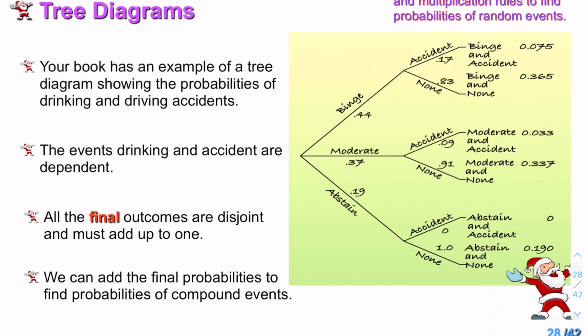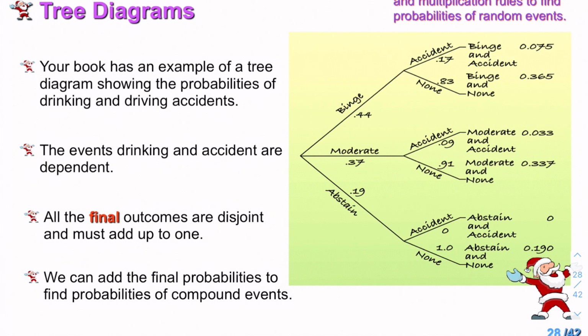Now, your book has an example of a tree diagram showing the probabilities of drinking and driving accidents. I don't know what it is, but this textbook loves making examples of drugs and alcohol. So the events of drinking and an accident are dependent, which makes sense. All the final outcomes are disjoint and must add up to 1.